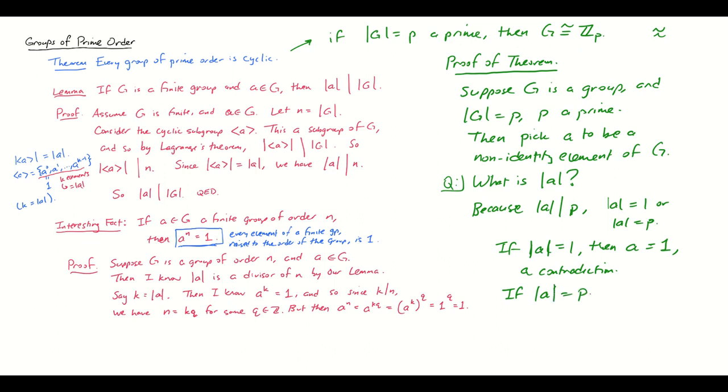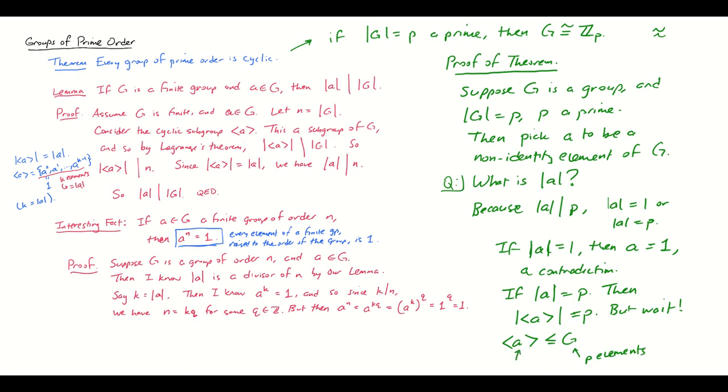But wait, what does that mean? Using the fact that we used earlier, that the cyclic subgroup generated by A has the same order as A itself, the order of that subgroup is P. Okay, but wait. This subgroup is a subgroup of G, and this has P elements. Being a subgroup means, among other things, that you are a subset.